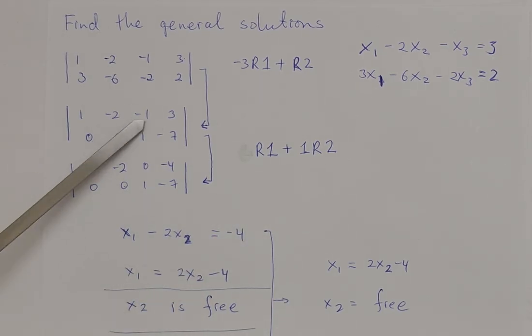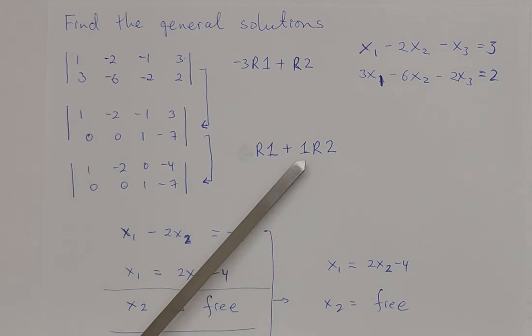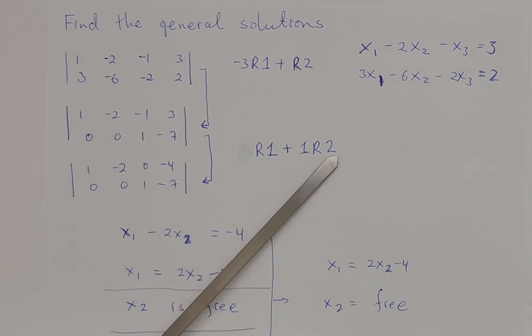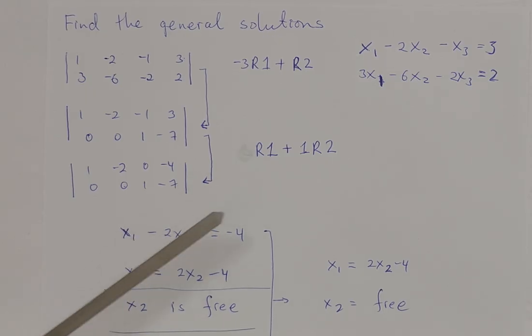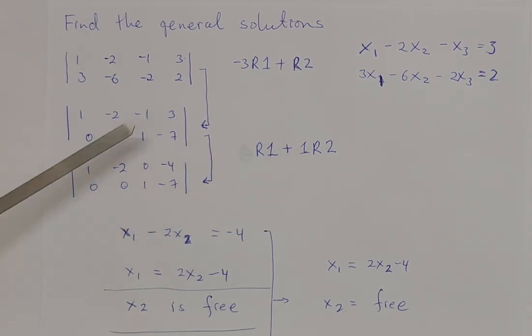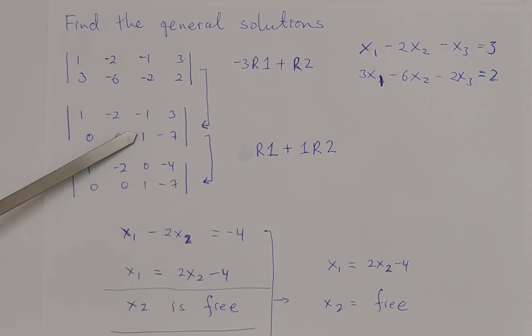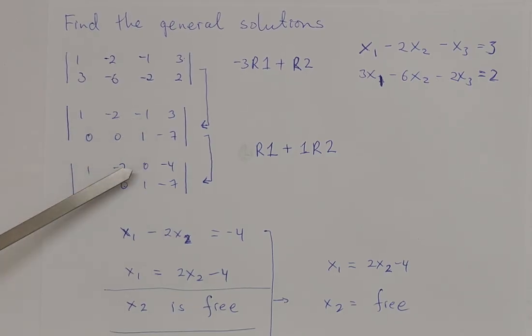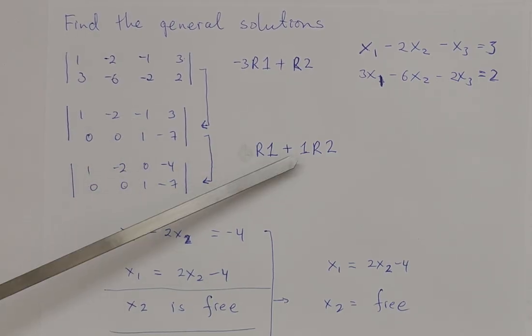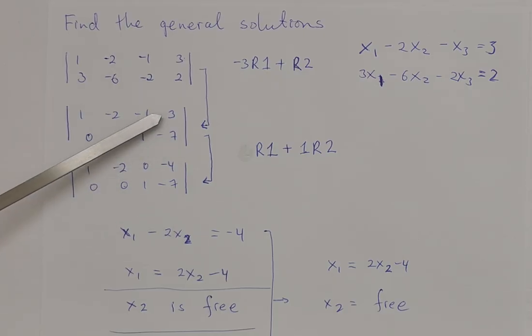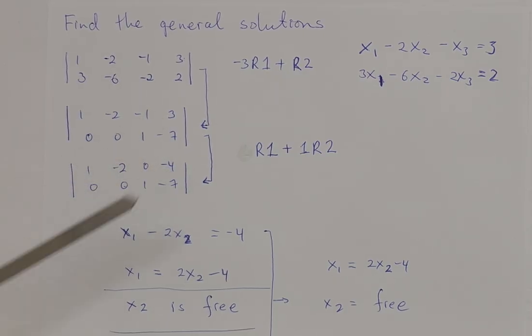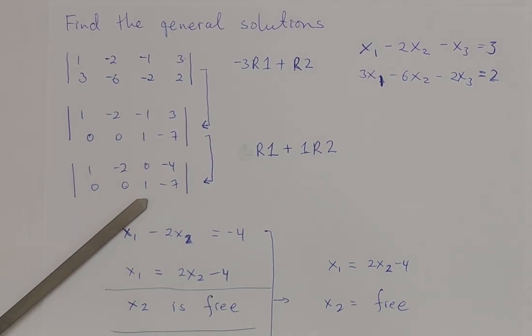We need this to become a 0, so the opposite is +1, so we multiply +1 times R2 and then add to R1. 1 times 1 gives me +1, subtract 1, 0. 1 times -7 gives me -7, plus 3 gives me -4. And now we are completely done.